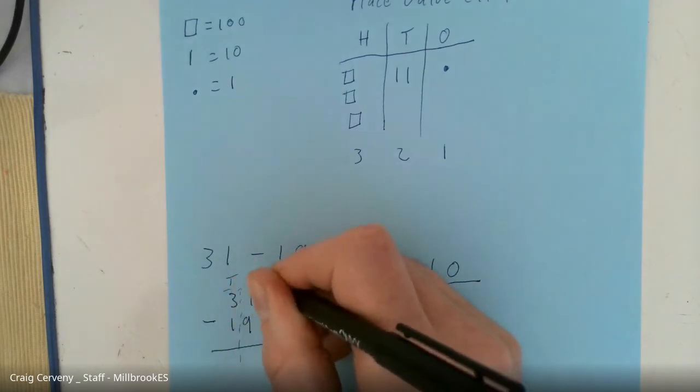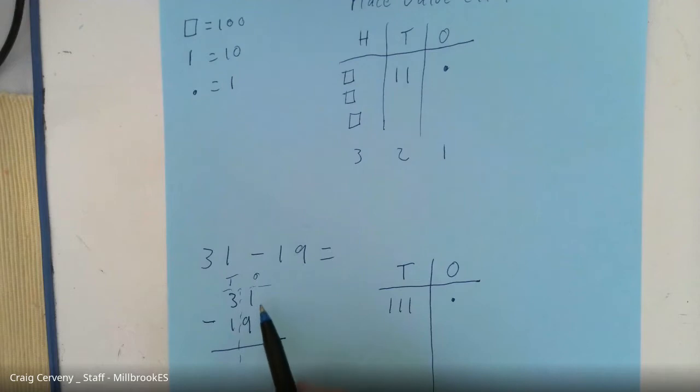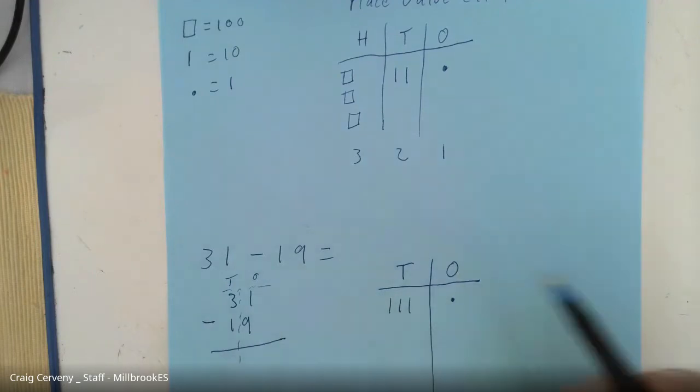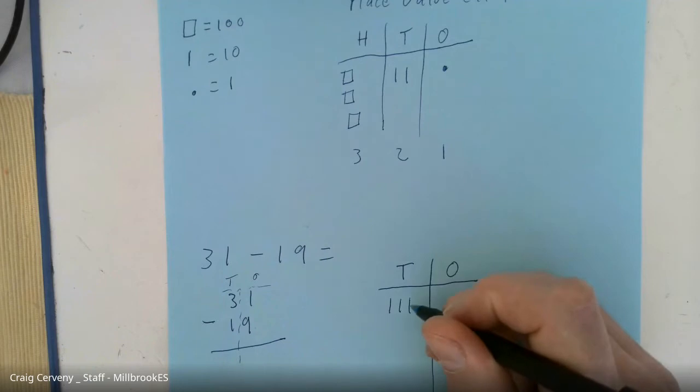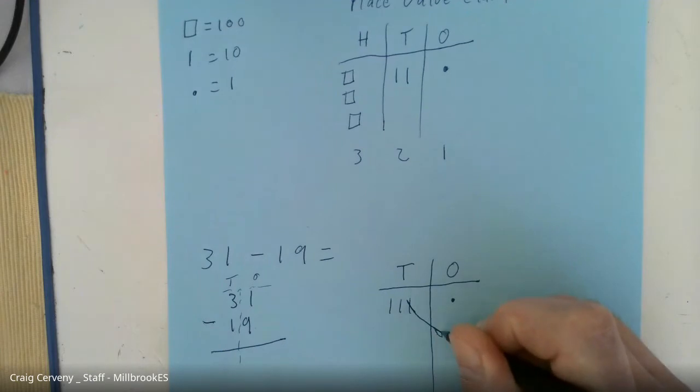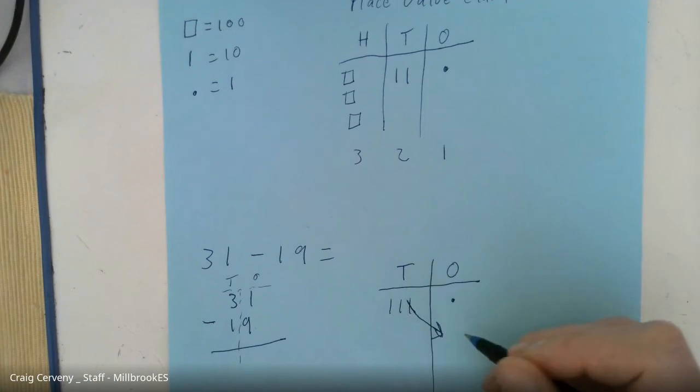We have to figure out, can we take 9 away from 1? No, we cannot. So we need to decompose our 10 stick, so I put a line through it, draw an arrow, and draw 10 dots so that I know that I crossed out that 1 to bring it over here.